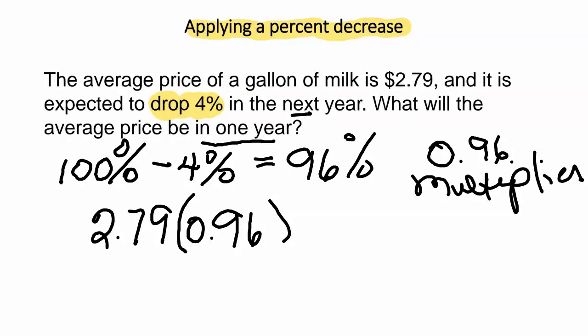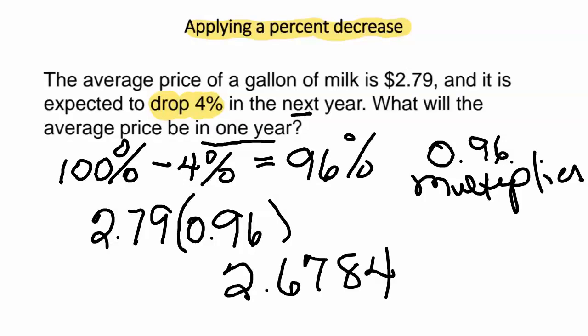Now, I am going to get a lot of decimals. I'm going to get 2.6784. But remember, this is money. Money has to be only 2 places.